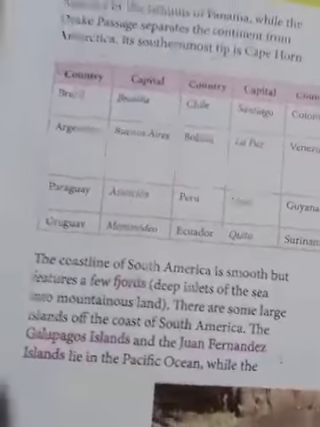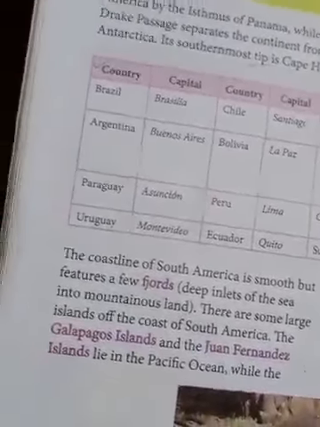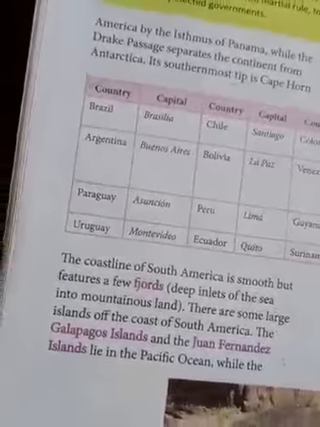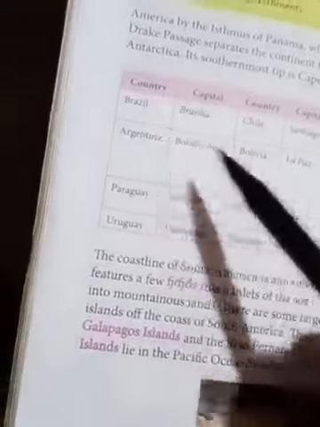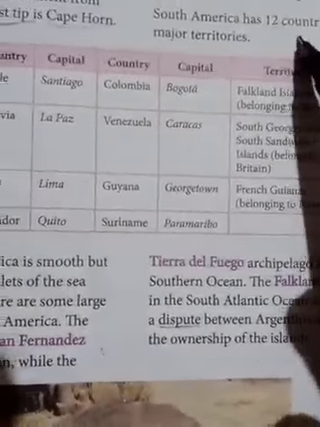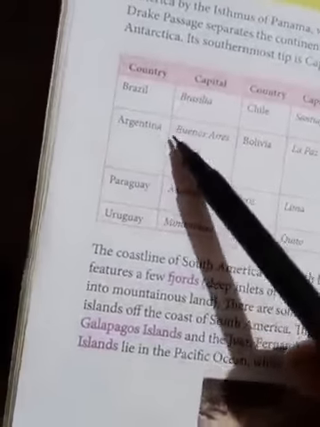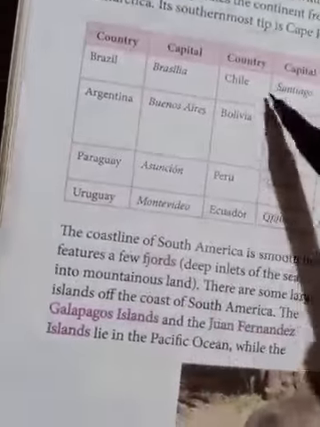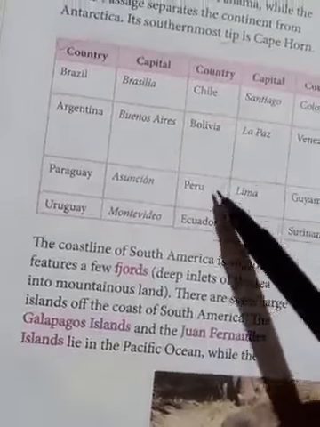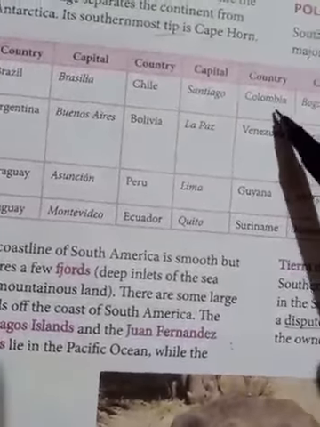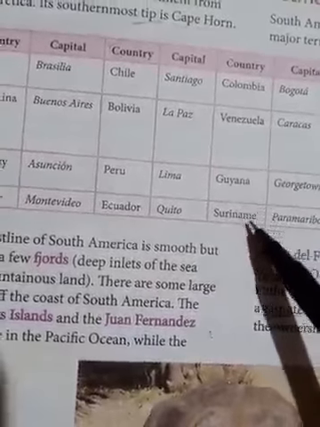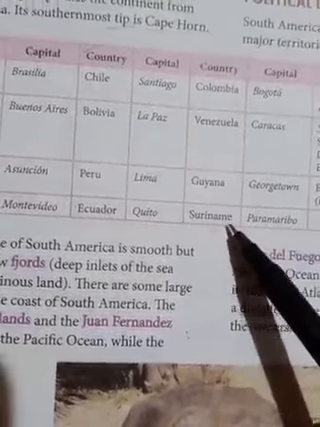And after that, let us see about the political divisions. There are 12 countries and 3 major territories. The 12 countries here: Brazil, Argentina, Paraguay, Uruguay, Chile, Bolivia, Peru, Ecuador, Colombia, Venezuela, Guyana, Suriname.